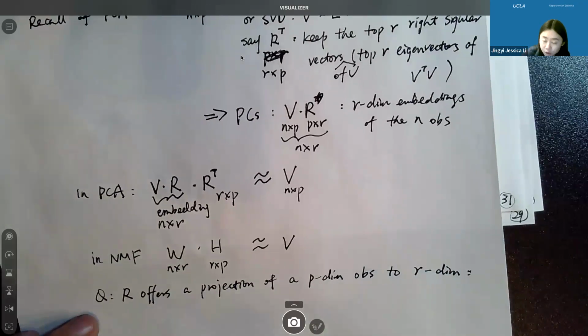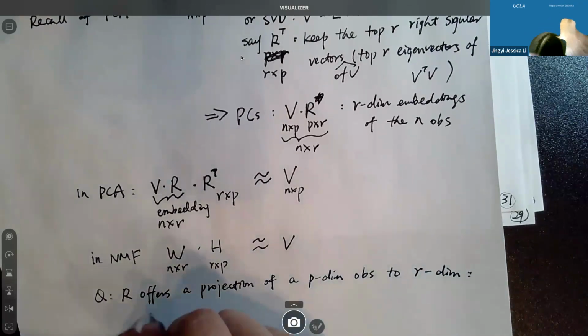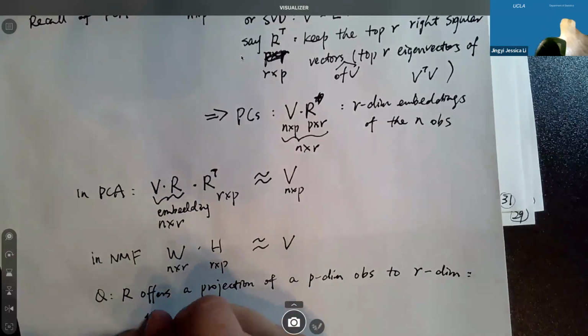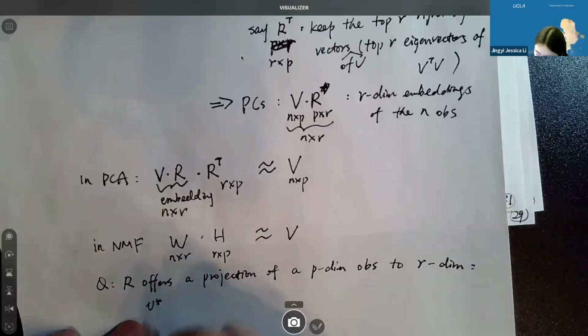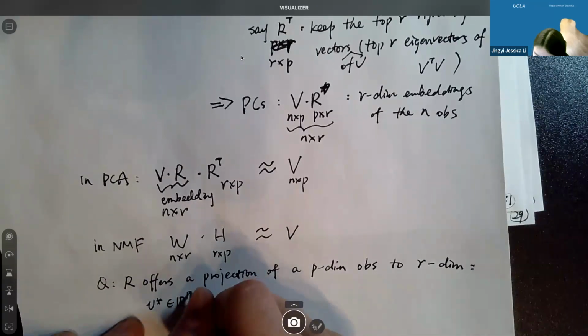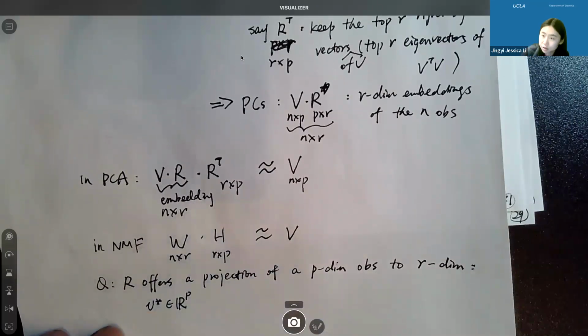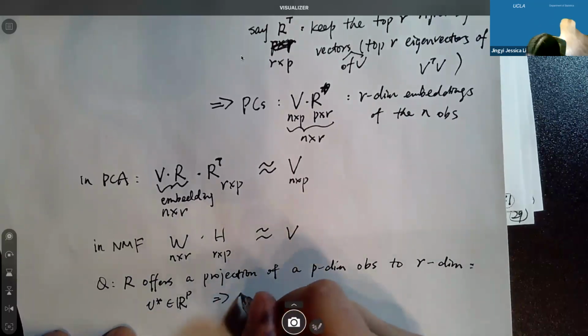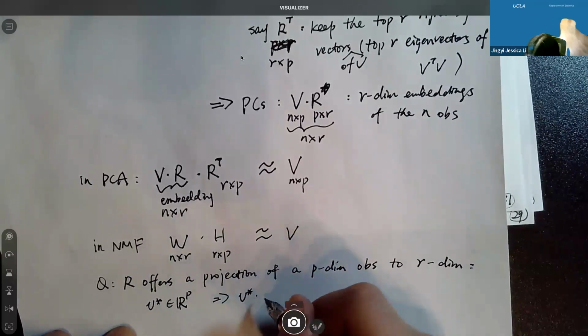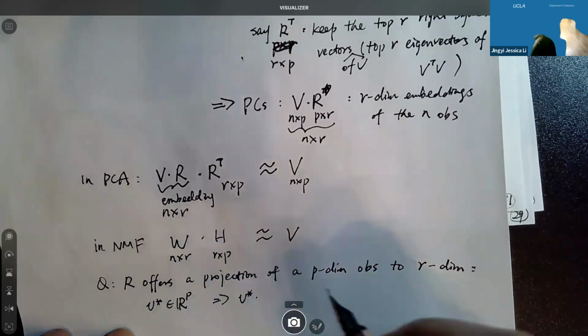So let's say for a new observation, we have a new V star, like a row in V, which is p-dimensional.